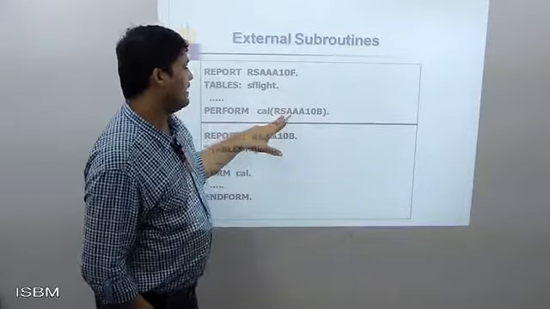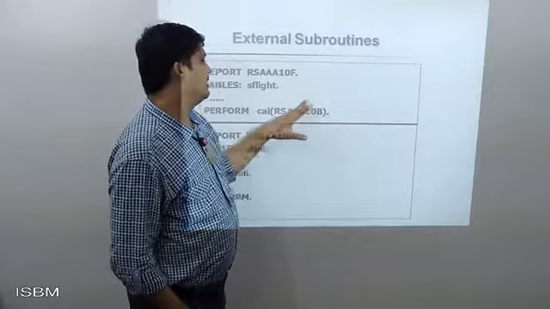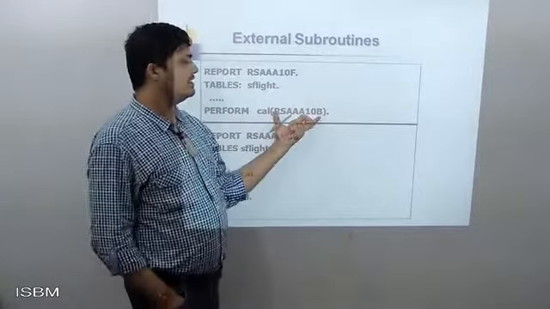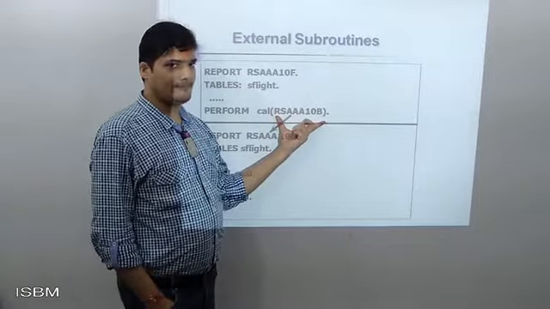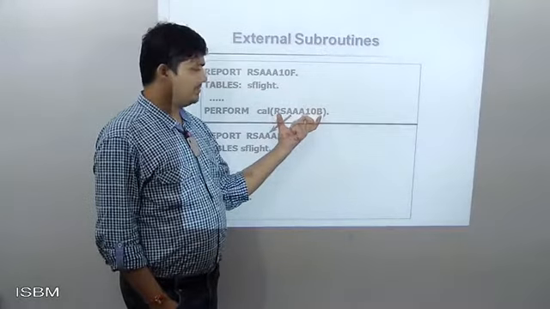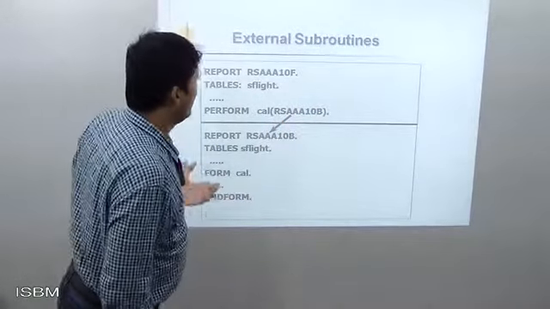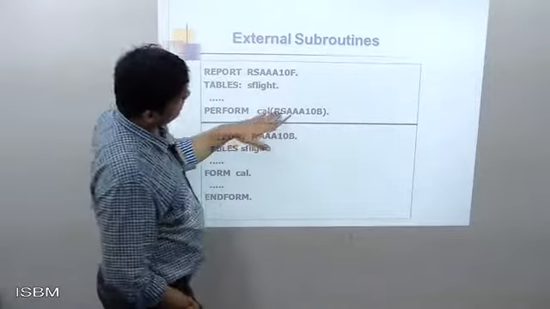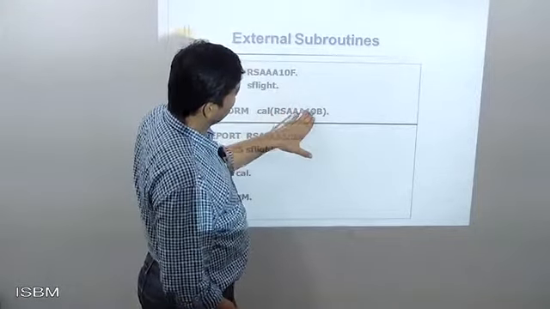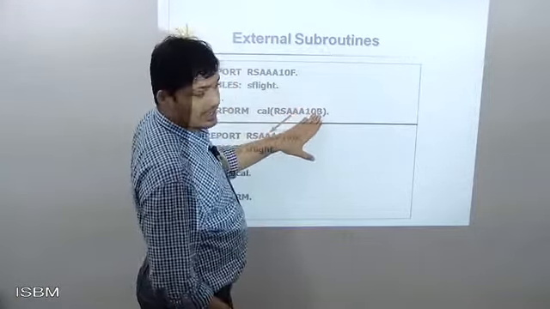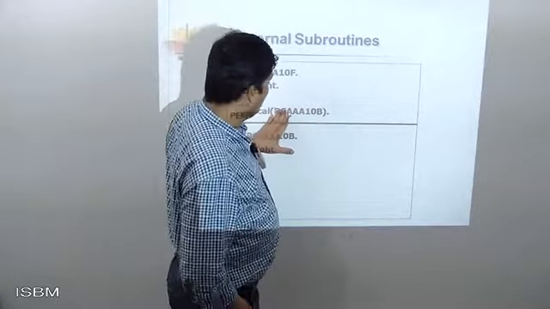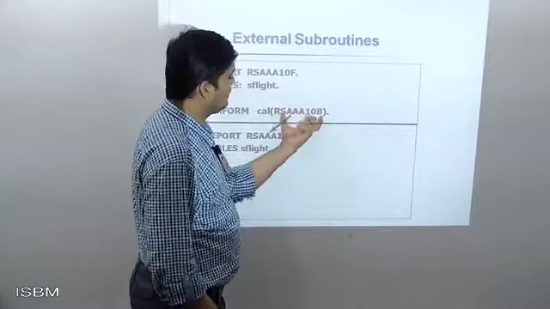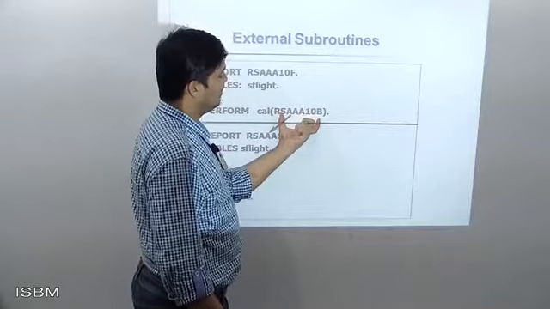Subroutine call RSAAA10B. This is the subroutine in which I have written one program. This is the program name. Now I can use this program, but I need to write it according to whatever the requirement is.